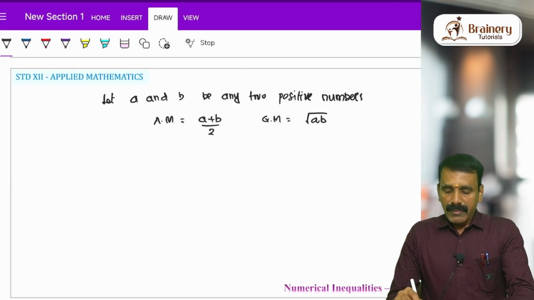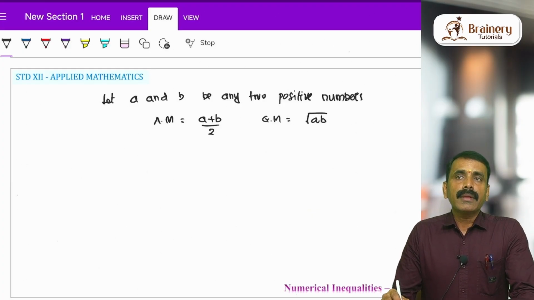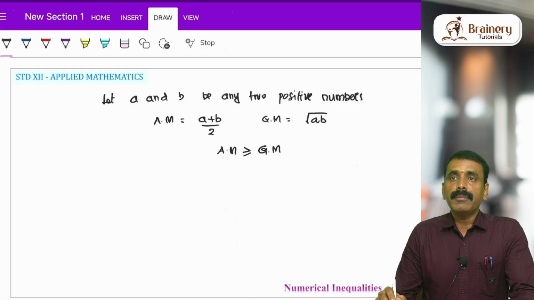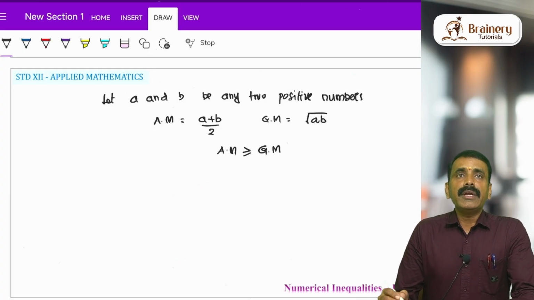Now what is the relation between arithmetic mean and geometrical mean? The relation is AM greater than or equal to GM. Arithmetic mean will be greater than or equal to geometrical mean. Suppose we take three numbers.